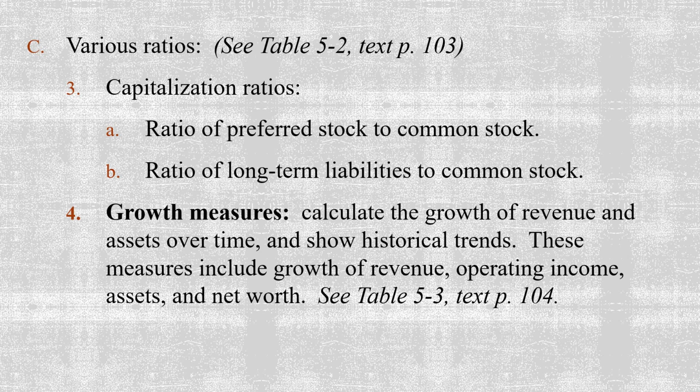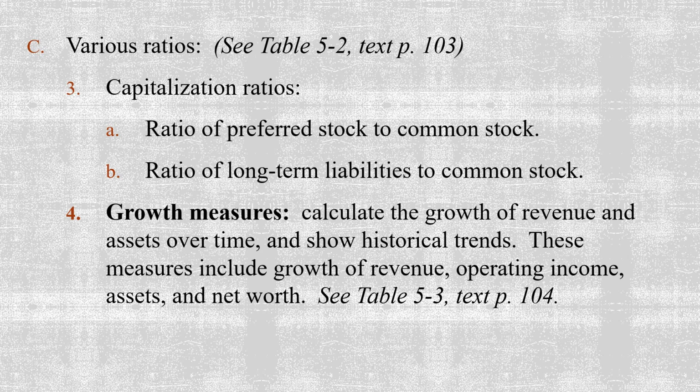Capitalization ratios include the ratio of preferred stock to common stock and the ratio of long-term liabilities to common stock. These, again, are going to show the overall financial health of a company based on what it's making in terms of what it provides for its stockholders and also in terms of the liabilities that it has in terms of its obligations.